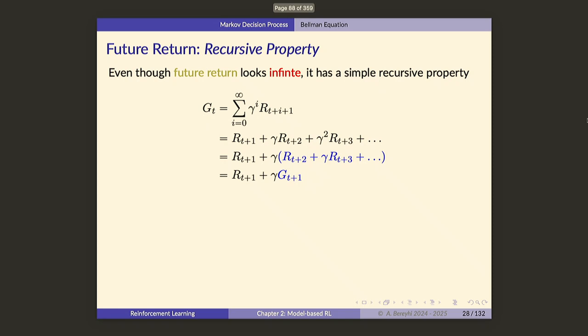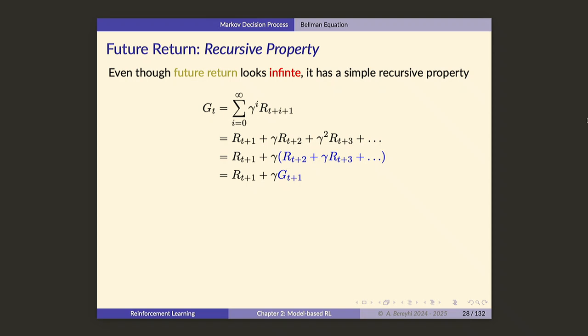So you can eventually write it down in this form: my future reward is my immediate reward plus discount factor times the next future reward. Everybody agrees? This means that I'm right now at this particular state, I do an action, and I see one immediate reward.